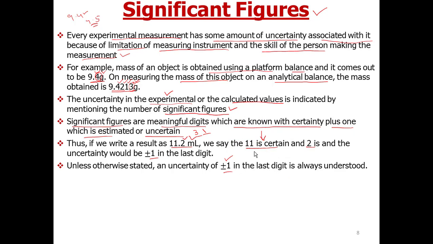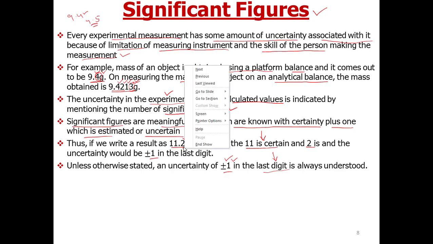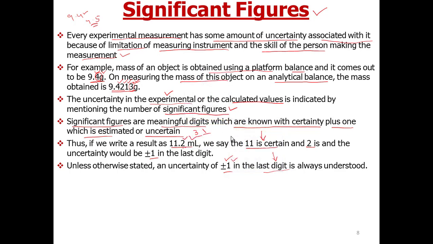So please remember, uncertainty is in the last digit. Here the last digit is 2, and 2 plus minus 1 means it can be 2 plus 1 is 3 or 2 minus 1 is 1, so it can be between 1 and 3.